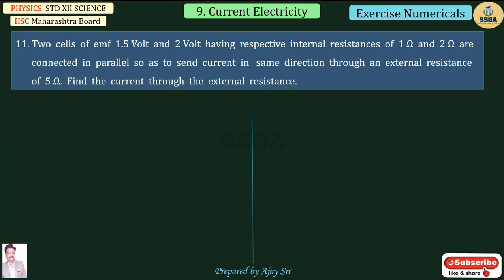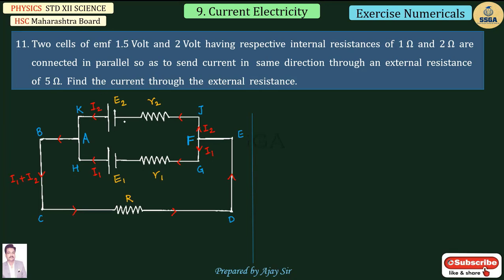Again here let us consider a circuit diagram. Again two cells are connected in parallel, the same circuit diagram, but the values are different. So let us solve by using given values.